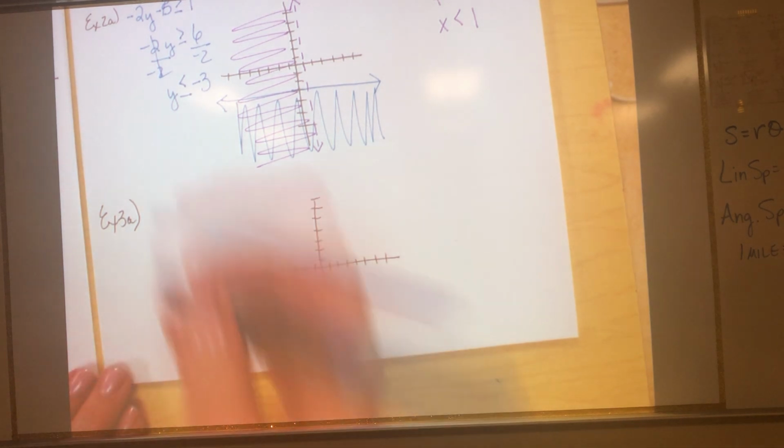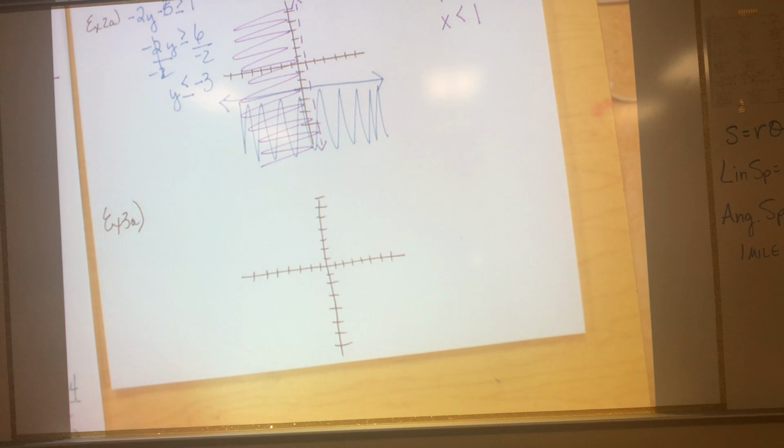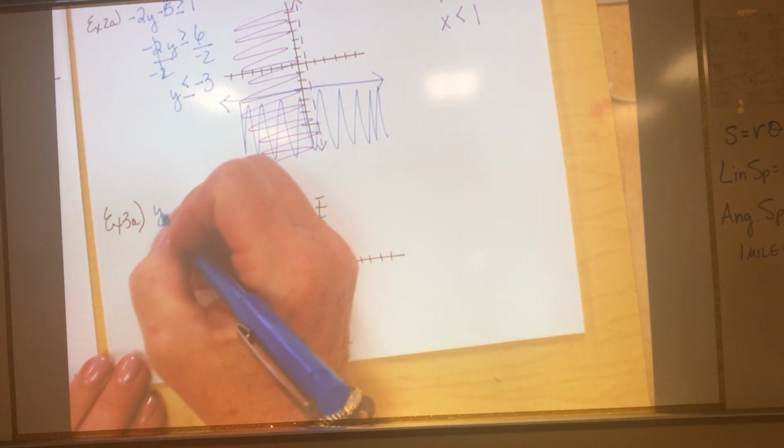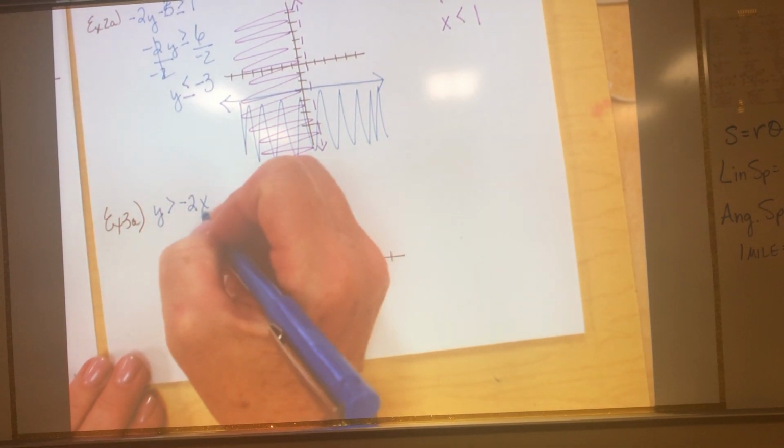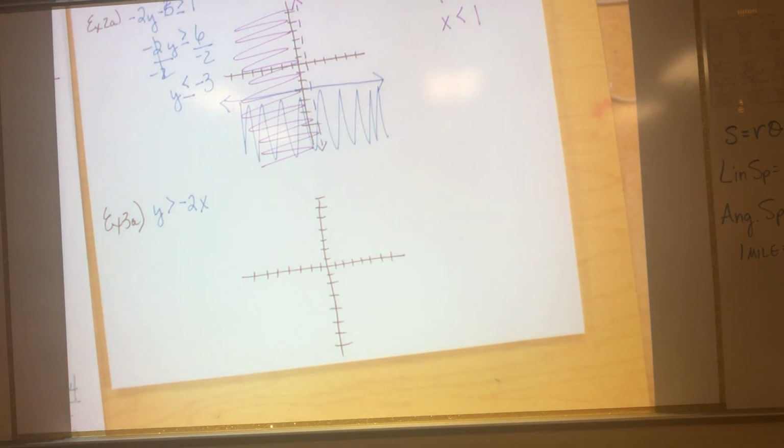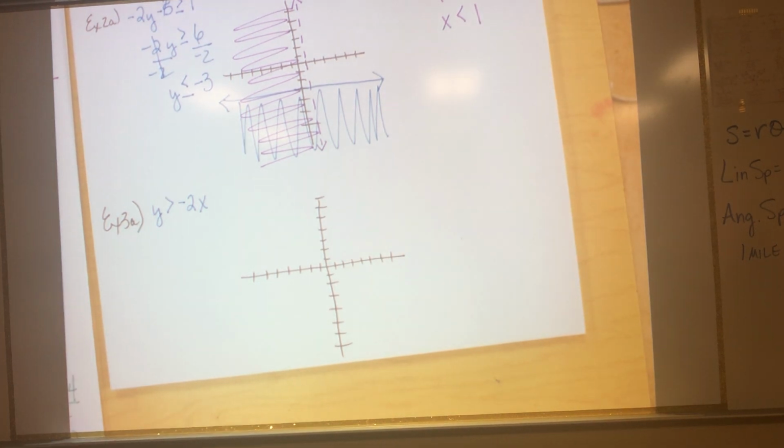Okay, and we're going to do this one. I'm going to do this one with you because I want to show you something, okay? So y is greater than negative 2x.